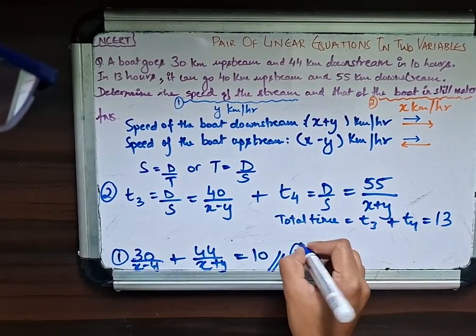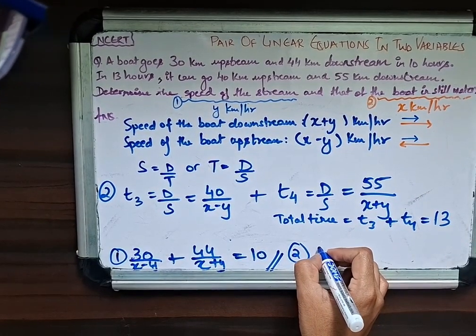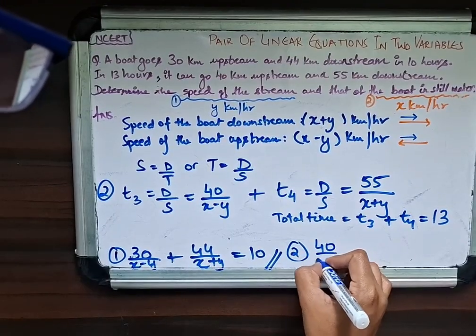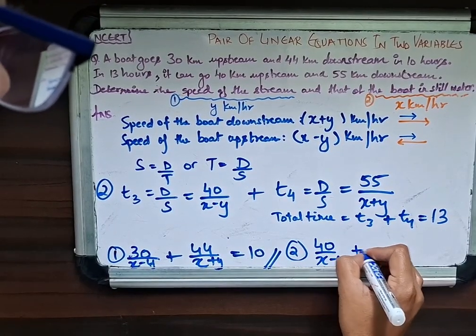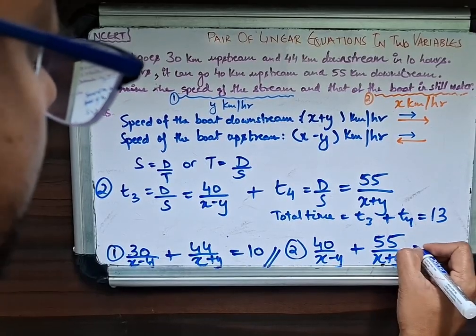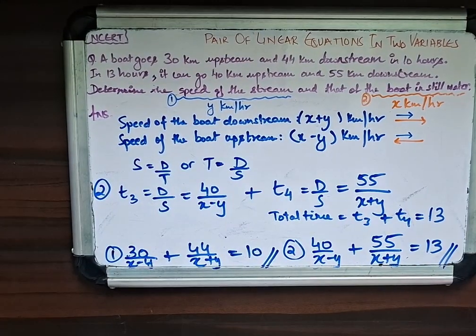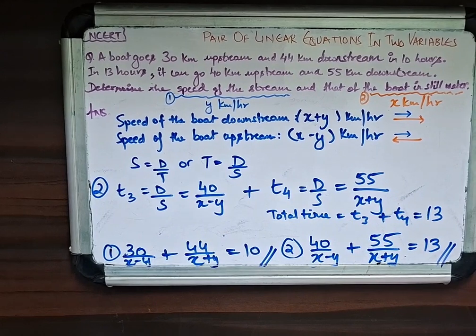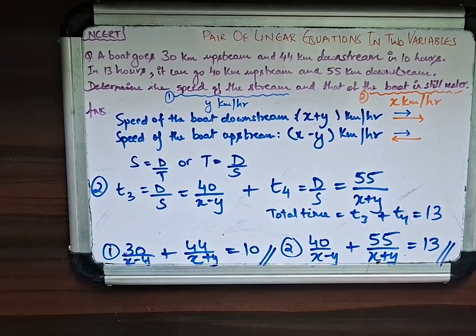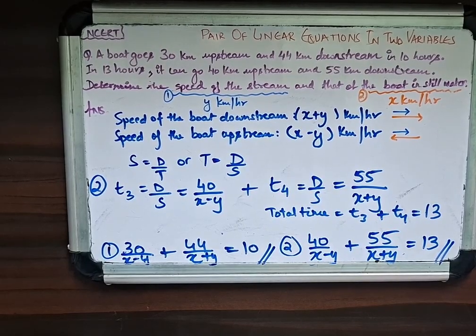So the second equation will be 40 upon x minus y plus 55 upon x plus y is equal to 13. So now with this, the pair of linear equations will help us figure out the values of the two variables in question.